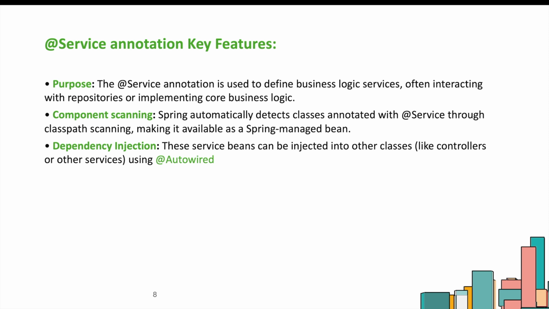Whenever you put @Service on a class, whenever Spring launches, it will create an object, it will create a bean for the service and make it available in the application context. So the bean injection will happen automatically. To inject another bean, we use @Autowired like any other component.